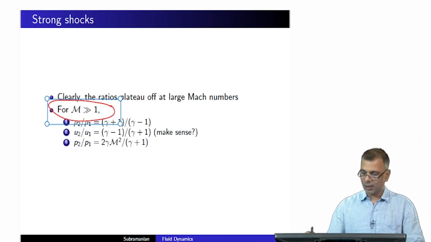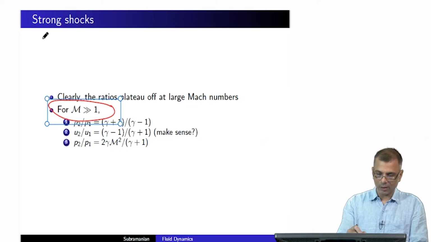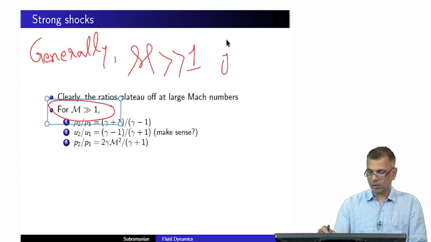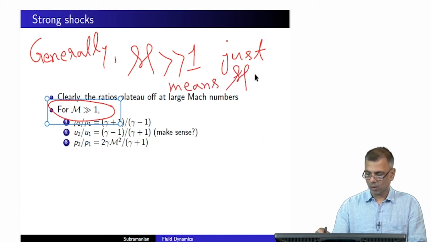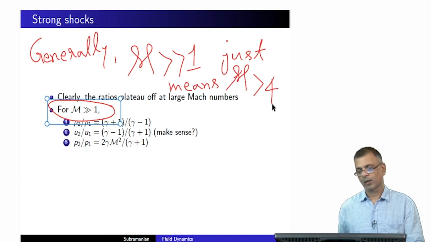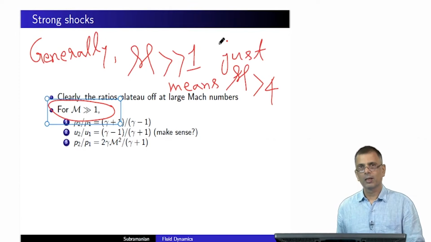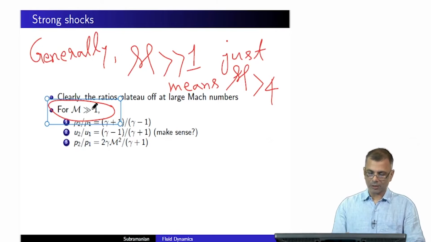And generally, as long as you're above 4, you're essentially an infinitely strong shock. Generally, that's what it means.